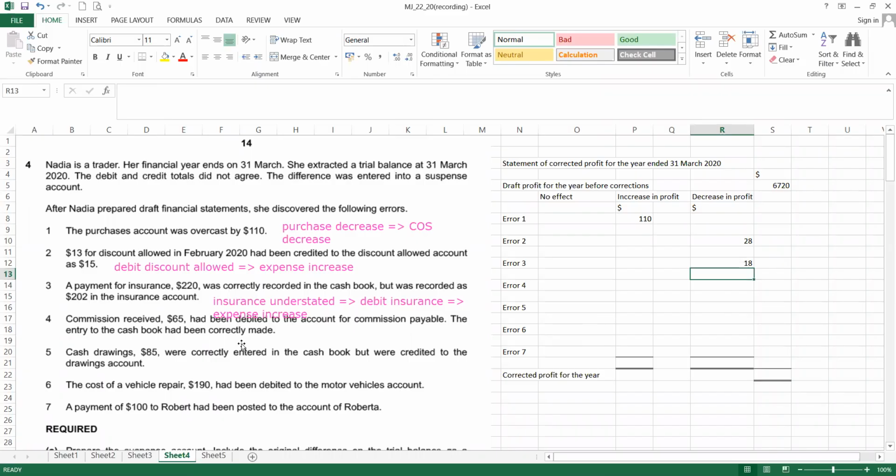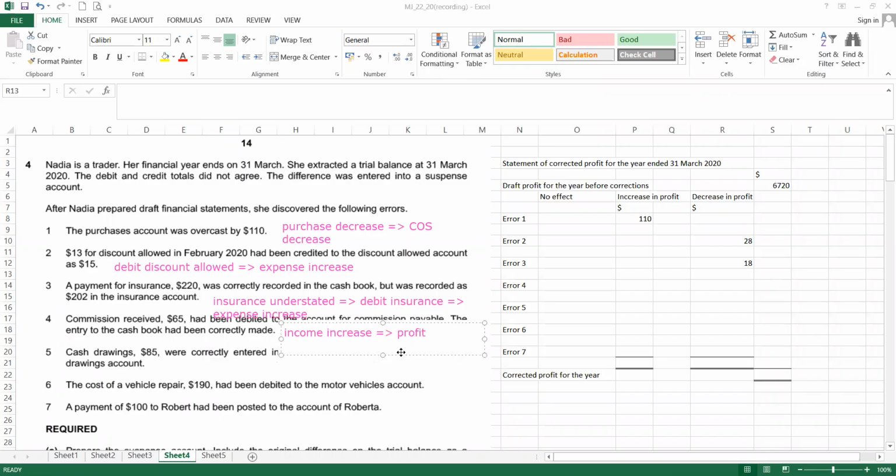Okay, 18. Now, commission received 65 has been debited to the account for commission payable. The entry to the cash book has been correctly made. So commission received is an income account. Income increase, and this will increase the profit.